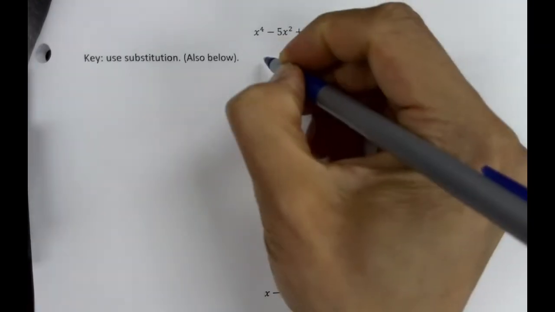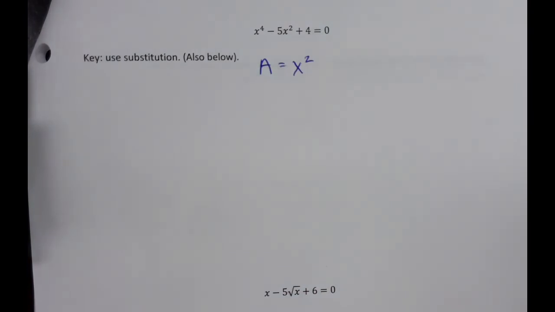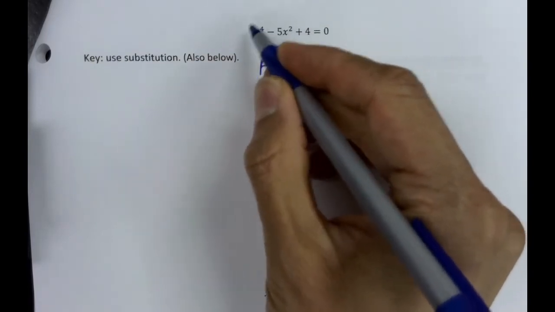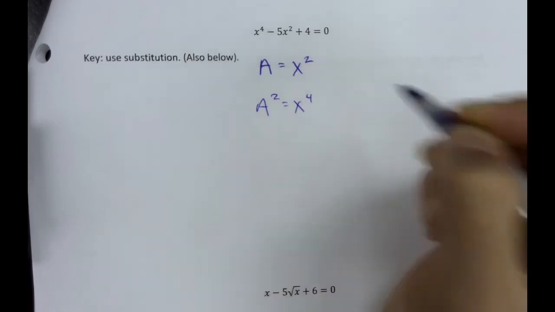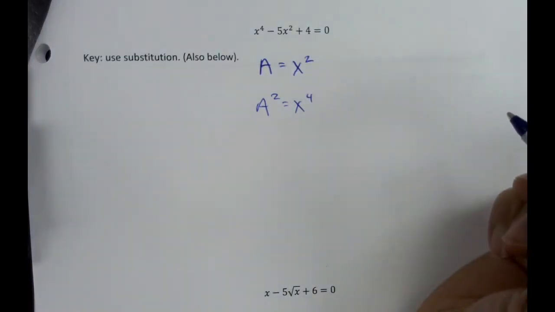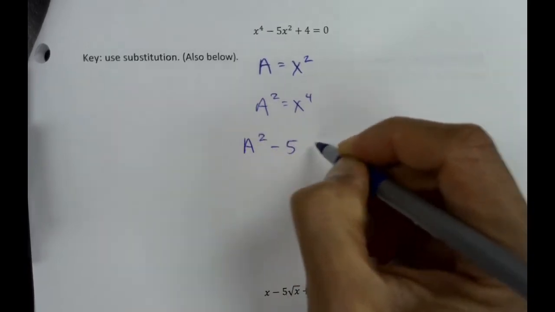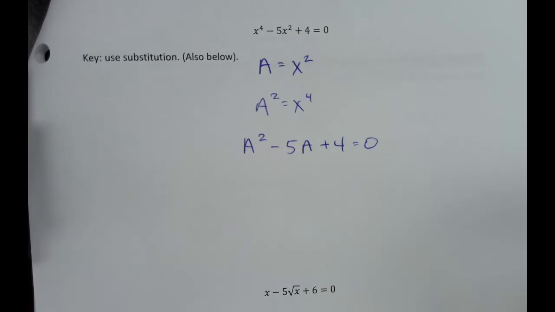Well, if you decided to substitute for x squared, that is the way to go. So if a is x squared, then x to the 4th is going to be x squared squared. So now we have a squared minus 5a, and x squared is a, plus 4 equals 0.